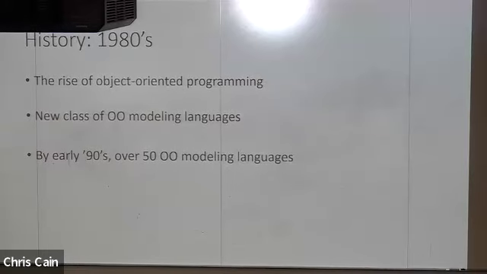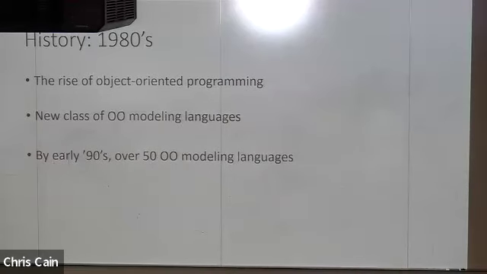So we needed some way to model the object-oriented universe we were beginning to find ourselves in. By the early 90s, there were over 50 different ways to describe how objects interact and to visualize objects from the top down.